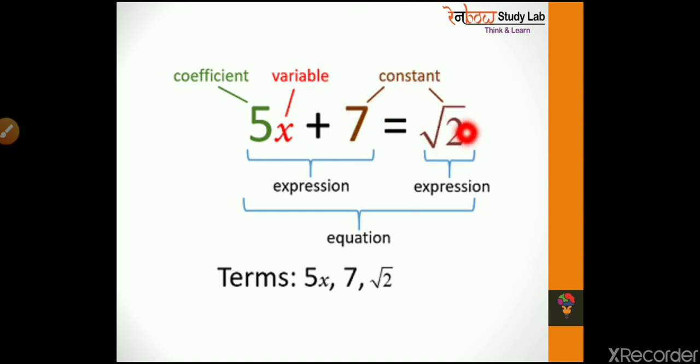Here root 2 is not multiplied with any variable, so it will be known as constant. There are three types of things you will be coming across: coefficient, variable, and constant. Please don't get confused between constant and coefficient. Coefficient is always with a variable, constant is always alone.